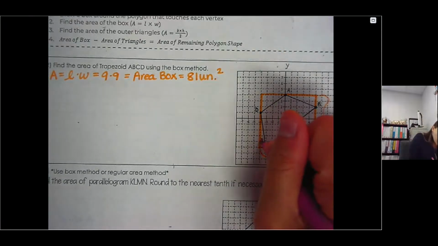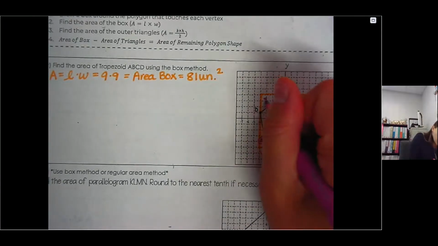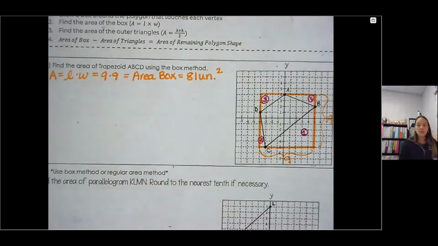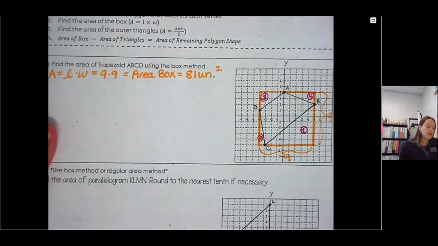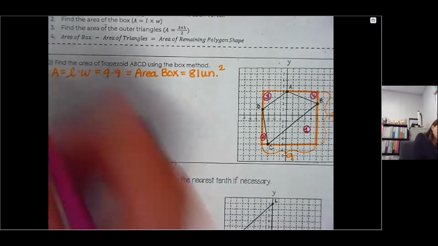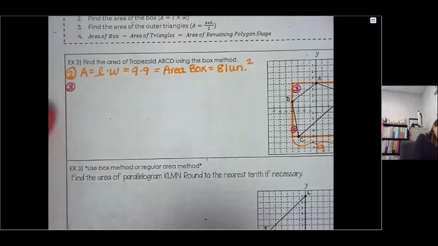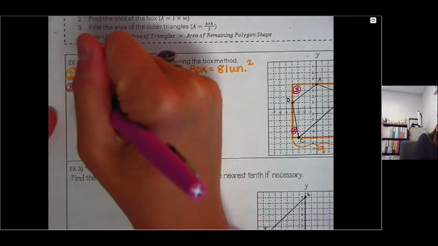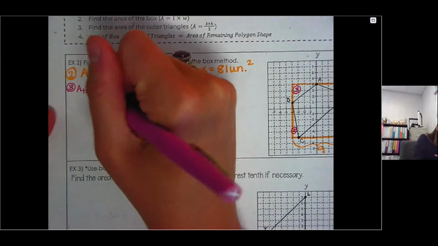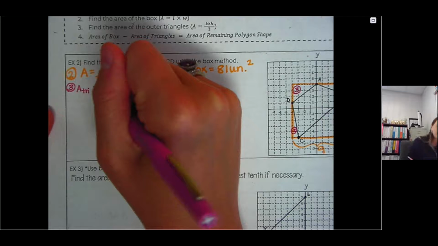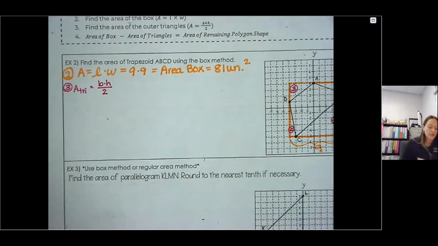Triangle 2 is this small one, 3 is upper left, and 4 is upper right. Okay, so now step 3 is we're going to find the area of the triangles. And remember, to find the area of a triangle, you do base times height divided by 2.